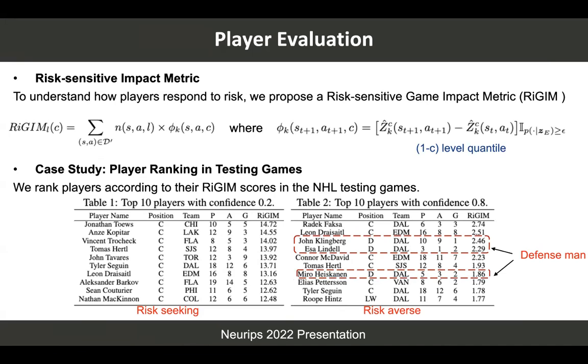Offensive players may want to accept high risk and do some actions, but for defensive players, their actions may be more risk averse. So it's a good choice if we can use different confidence levels to rank those players, such that we can give a more reasonable ranking to players with different roles.